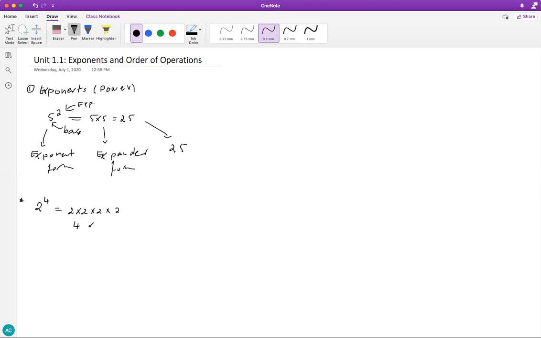So 4 times 4, and that's 16. Okay, 2 times 2 times 2 times 2, that's basically the value, and so on. So we say 2 to the 4th power.